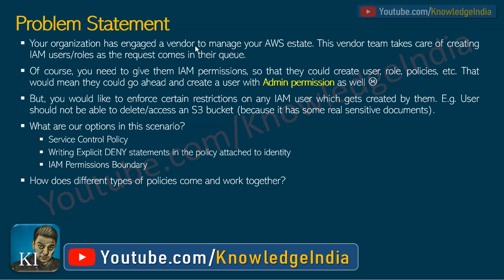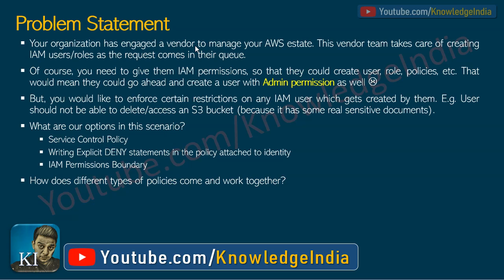So we will go ahead and take this scenario and try to discuss it in detail, and also we will quickly try to understand how all these different things like SCP, IAM permissions boundary, policies attached to an entity, and resource level policy come together and really work.